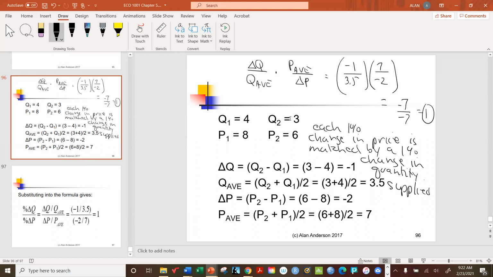All right, so that's really all we need to say about elasticities. So this is chapter 5. Now, by the way, here's something I do want to point out.